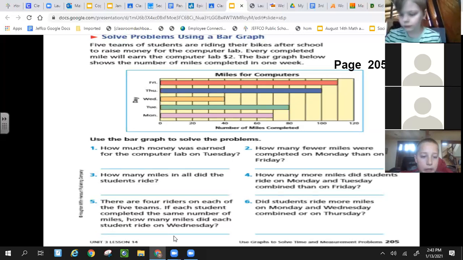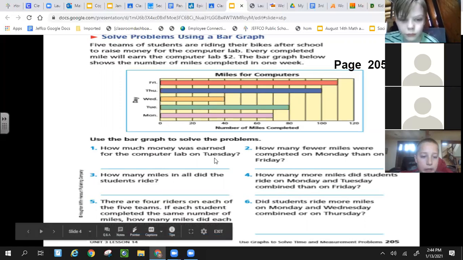Now we gotta be careful. They get $2 for every mile. So we're gonna have to do a little extra thinking here. Use that graph. If you think you know how much money was earned for the computer lab on Tuesday, raise your hand.